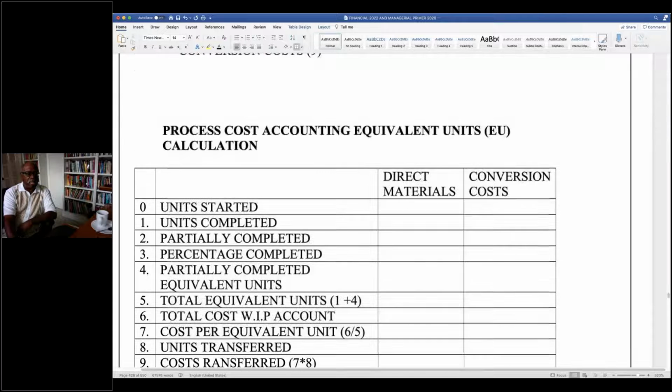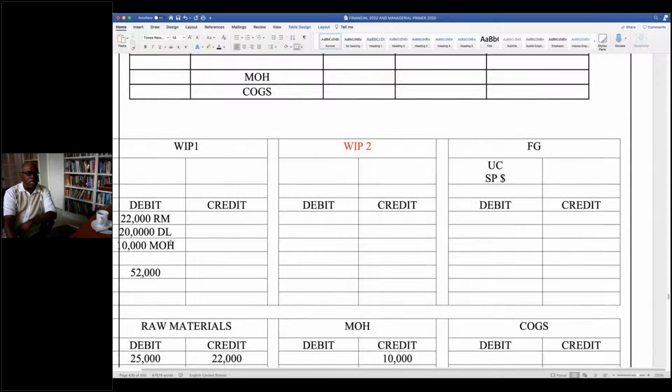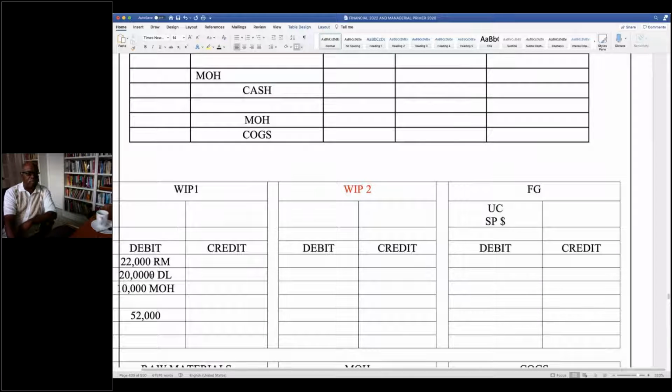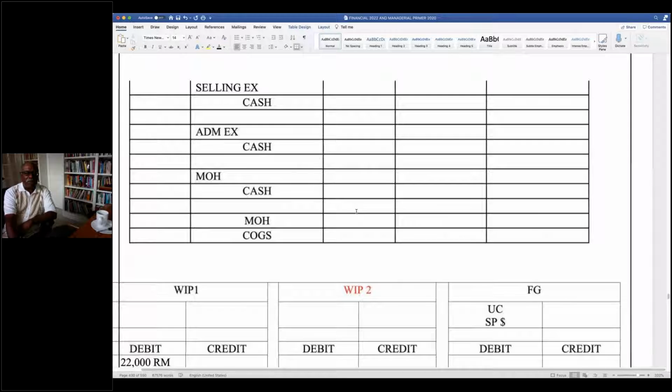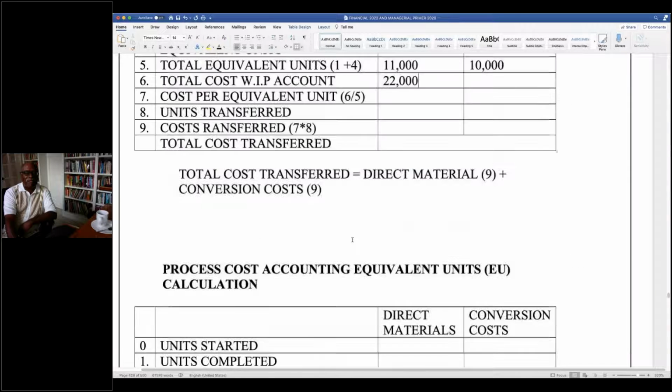And let's just pick up the other costs. What's the labor and overhead? I add the direct labor, which is 20,000, and the manufacturing cost, which is 10,000, and got 30,000 for the conversion cost. That's correct.